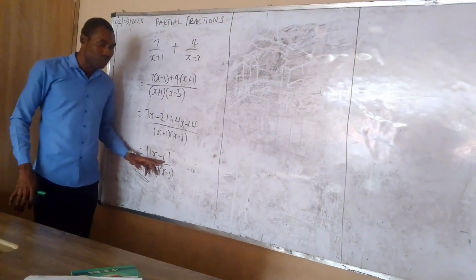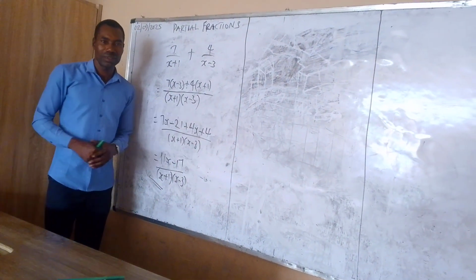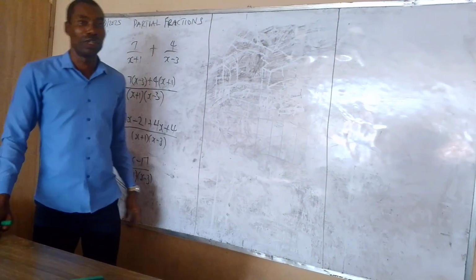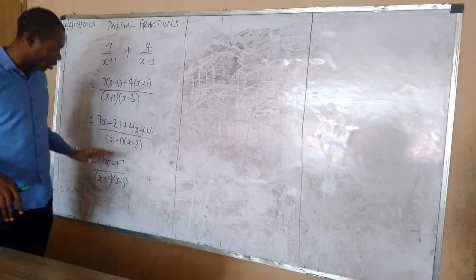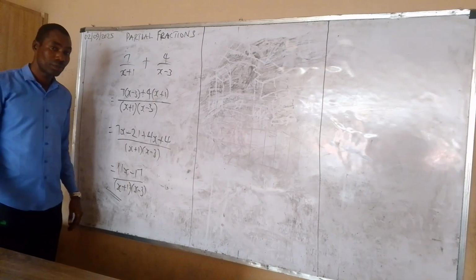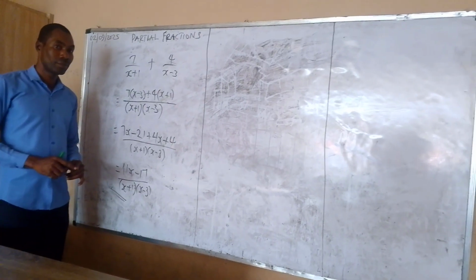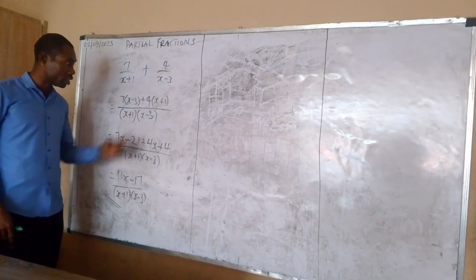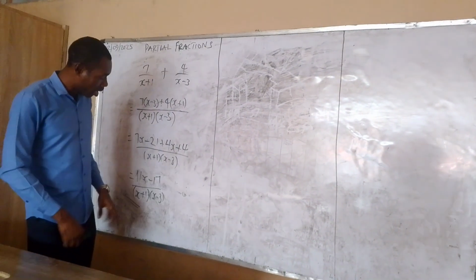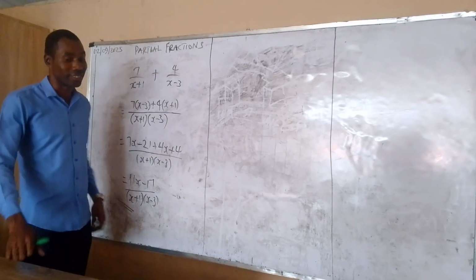If I do that with this, I will acquire this. This is all partial fraction is all about. You are given a single compound algebraic fraction, and you are expected to split it, to resolve it into its partial fraction. And I will make this my first example.